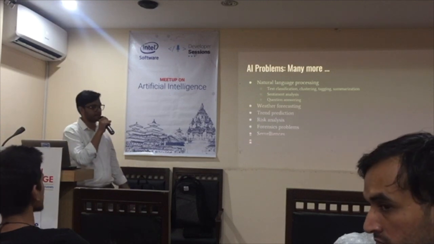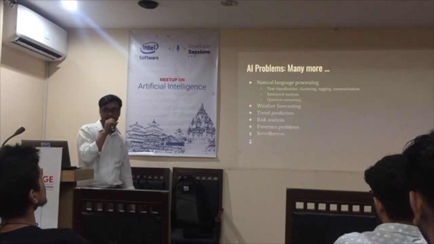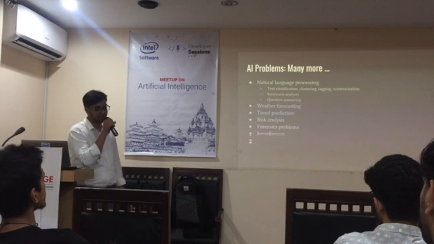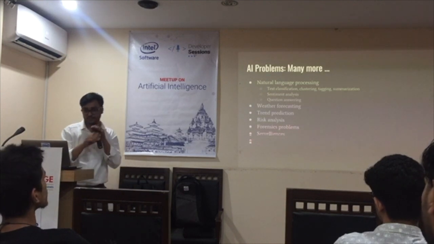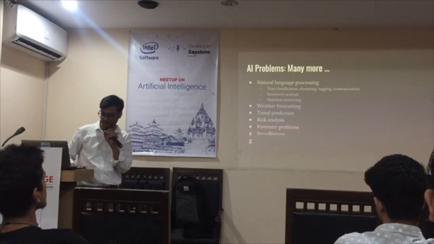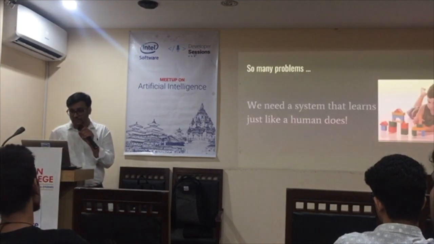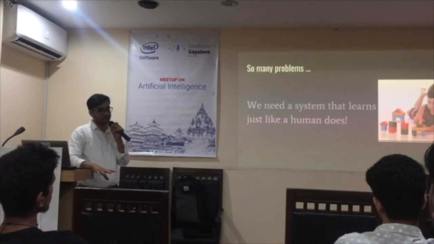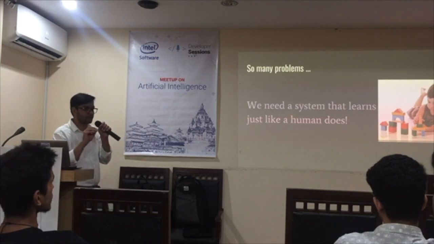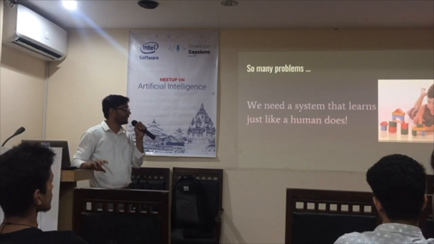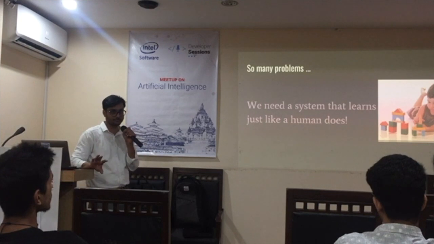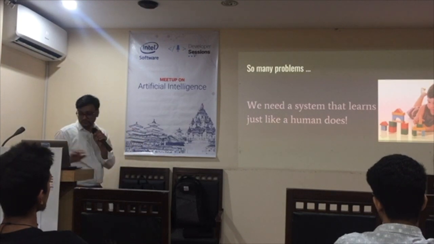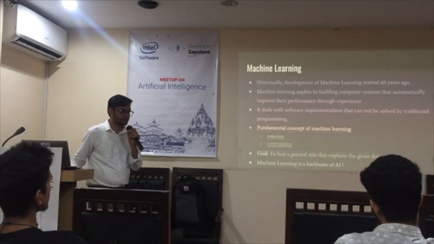Forensic problems like criminal activity detection, and surveillance can also use AI solutions, that means machine learning. So we have so many problems around us, and now we need a system that learns just like a human. So here comes machine learning.